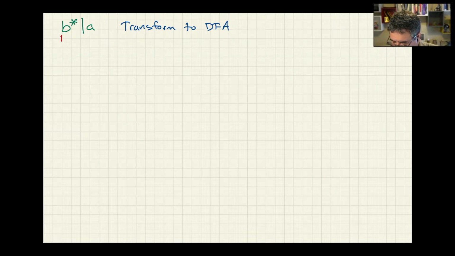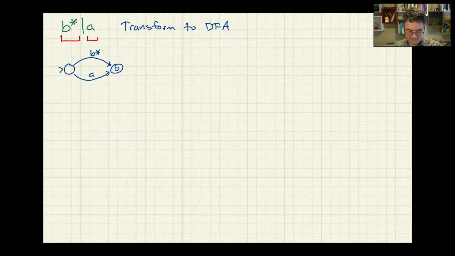So I see B star and A being separated by an OR. So I need to have two branches. And then I break up that B star into that UFO sequence.